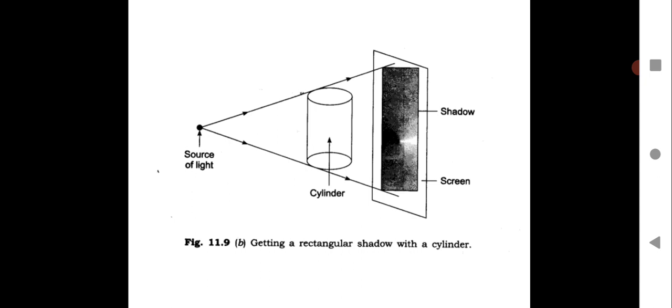Draw this diagram also in your notebook. Then you can compare the shadow formed with different positions of the cylinder. You get different shapes of shadows. I hope this is very clear to you all. Please draw both diagrams.